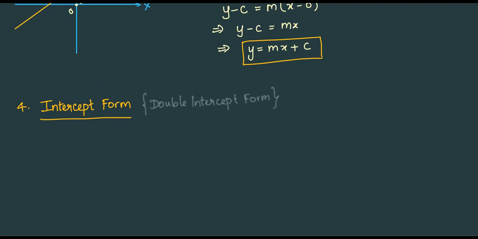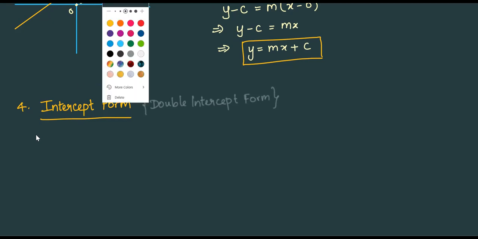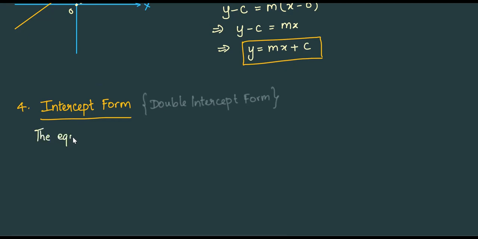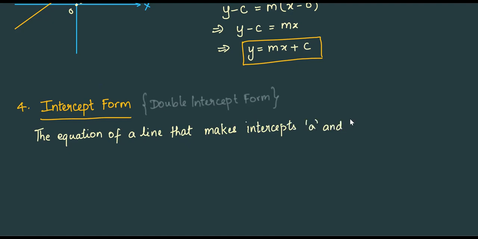Just a second. So the intercept form is the equation of a line that makes intercepts a and b with the x-axis and y-axis respectively.